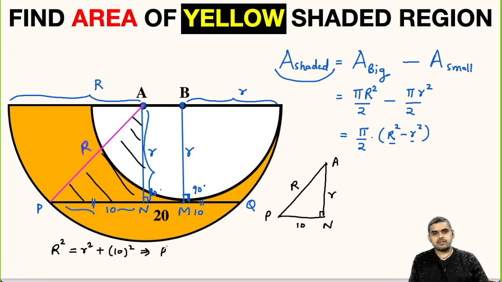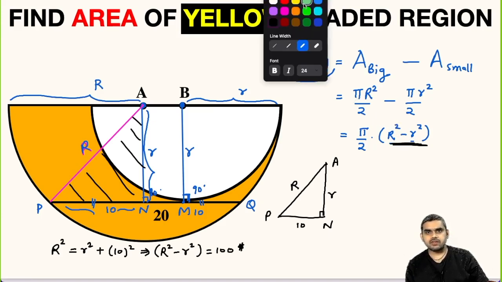So from here we can get capital R squared minus small r squared equals 10 squared, that is 100. Now we can substitute this value here, because small r squared subtracted from capital R squared is what we were searching for.